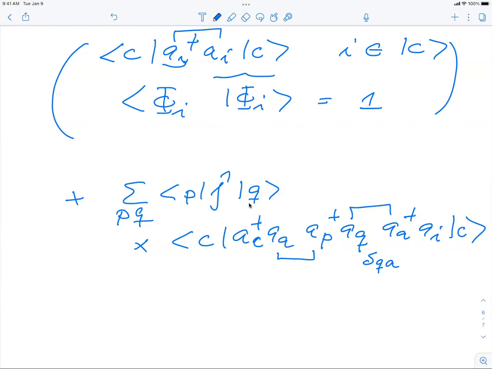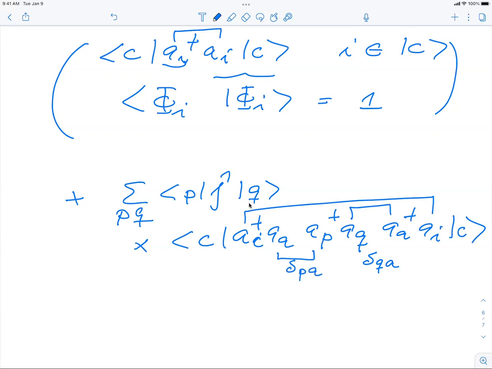So we cannot have an internal contraction inside a normal ordered operator. So for the state I which we have here, the only valid contraction is this one. So that gives us a delta of P of A.